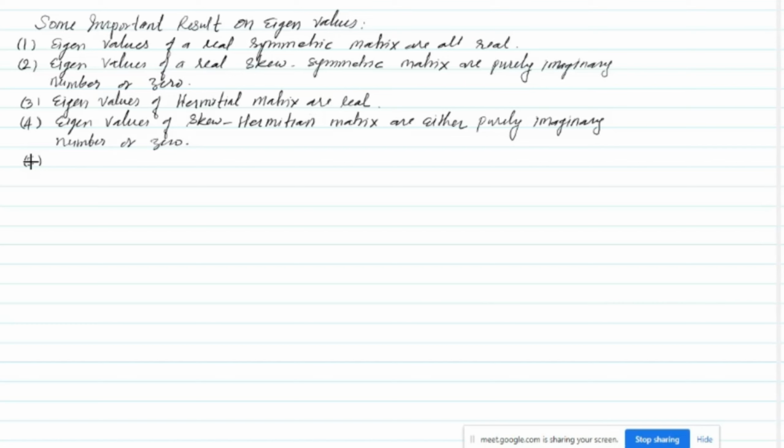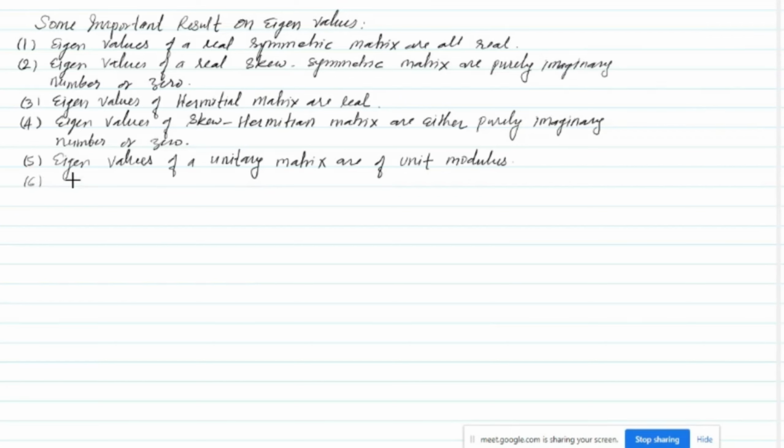And the next property: eigenvalues of a unitary matrix are of unit modulus, or you can say its eigenvalues have absolute value 1. Both are the same.